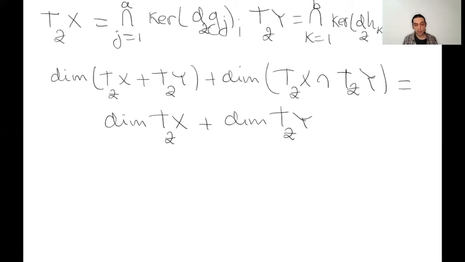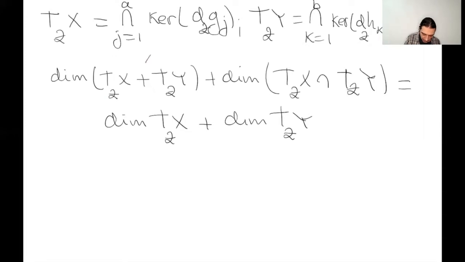The issue is, we know, because of the definition of transversality, that this sum is indeed the tangent space of M at that point. So this dimension is the dimension of our ambient manifold.